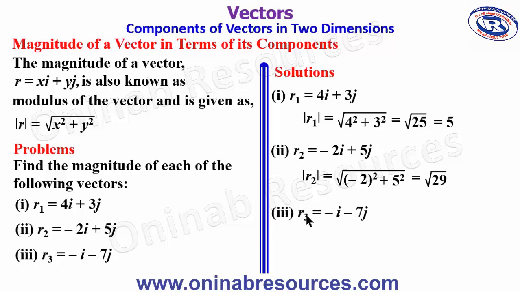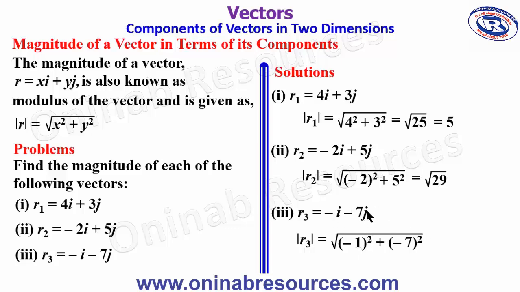For r3, we have it as negative i minus 7j. So the modulus of r3 is going to give us the square root of negative 1 squared plus negative 7 squared. We can equally call it the coefficient of i. So that is going to give us negative 1, which is squared.